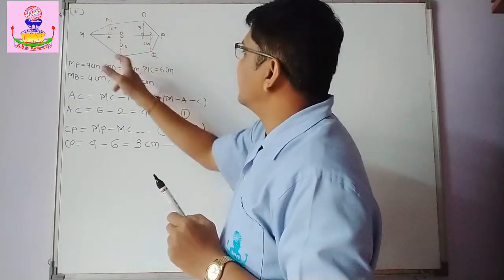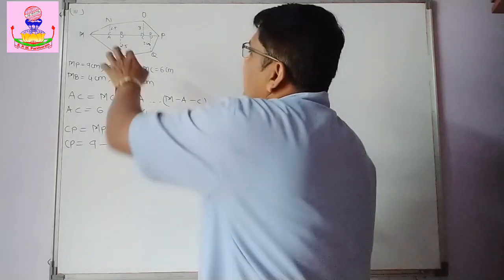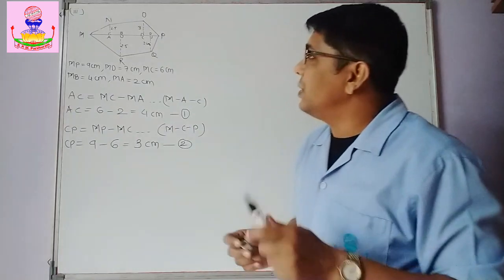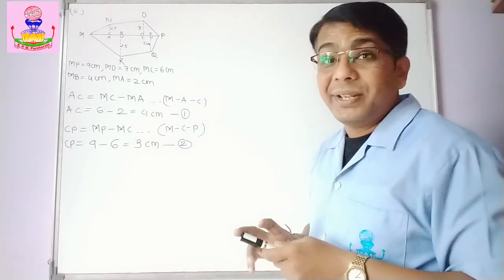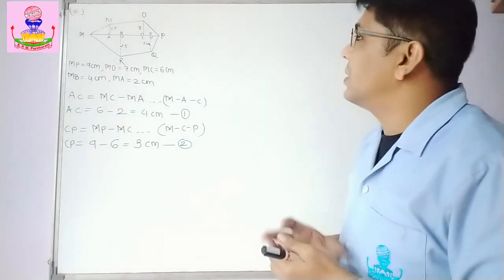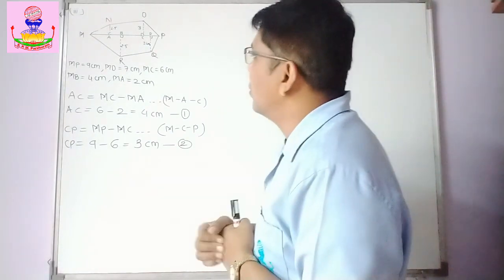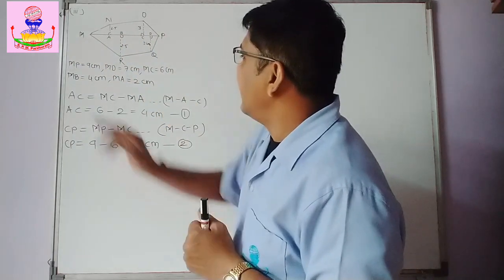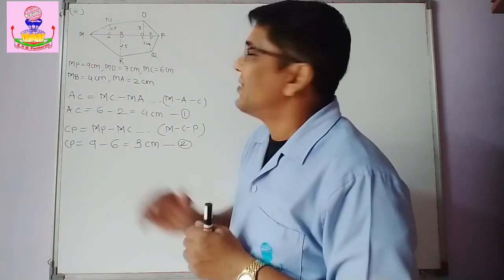I know height. Now, for this trapezium, what do I need? These two parallel sides I know, but I don't know BD. So I need to find out BD. So, how to find out BD? See here, MD is given and MB is given.